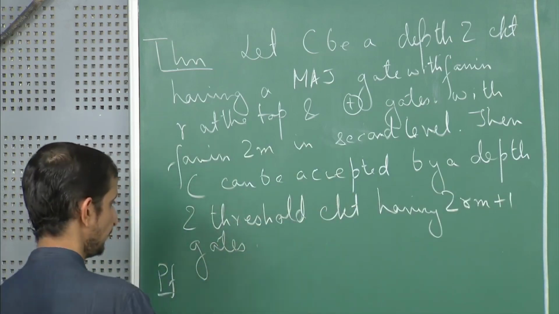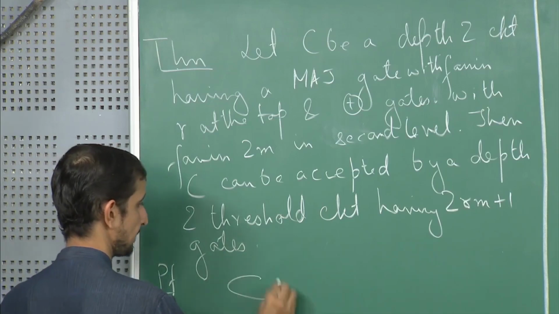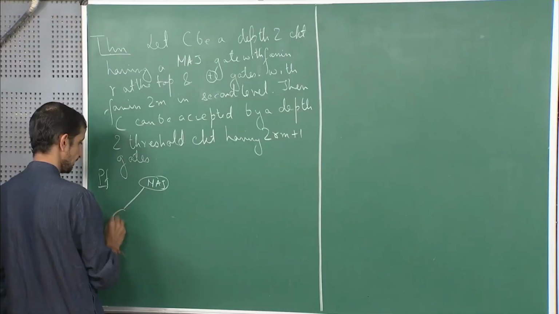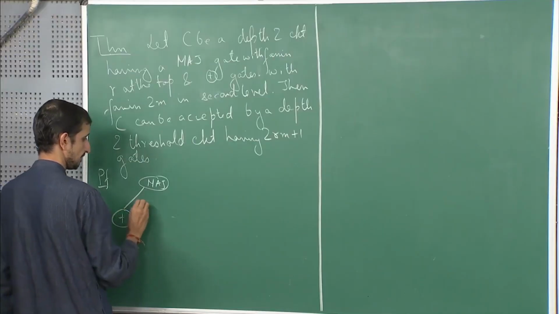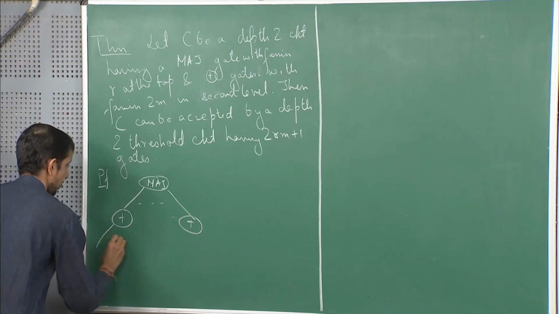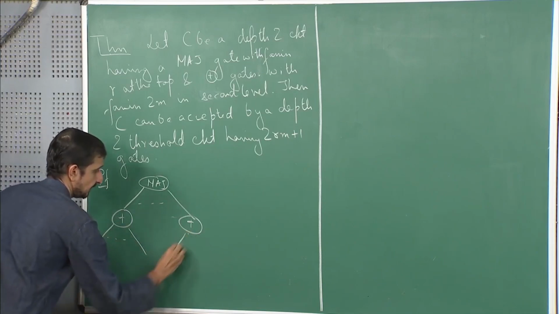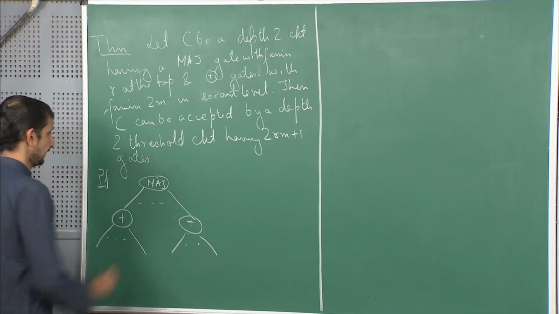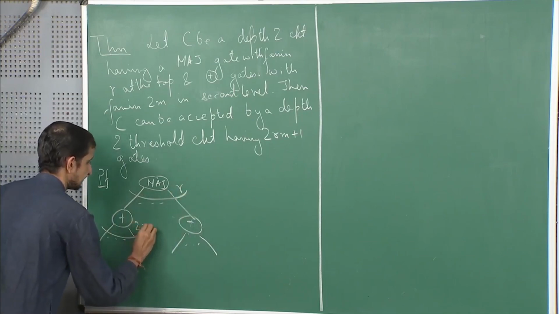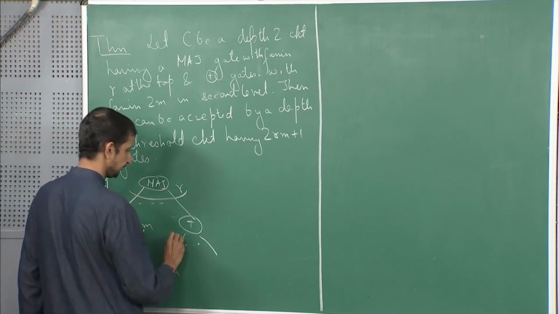So pictorially what we are saying is that suppose I have a majority gate followed by some parity gates below it, and this has fan-in R and all these gates have fan-in at most 2m.